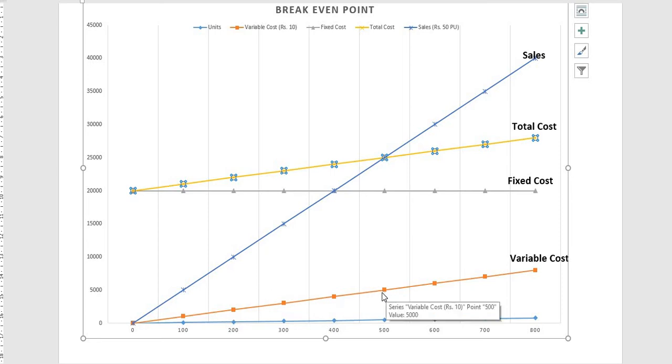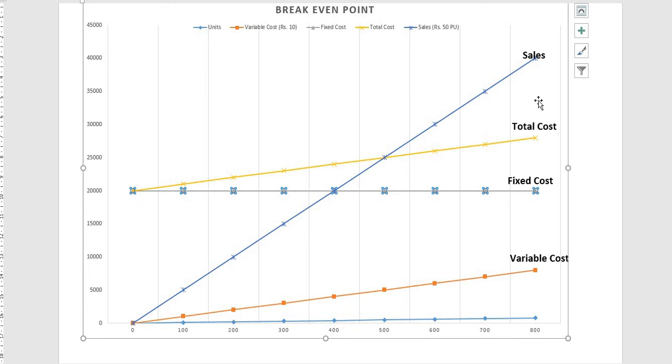Normally the variable cost line as well as the sales line start at the point of origin, the 0 level. But fixed cost starts at the level of 20,000, because even if you produce 0 units, the cost will be rupees 20,000. The starting cost will be rupees 20,000, because you have to incur the fixed cost.